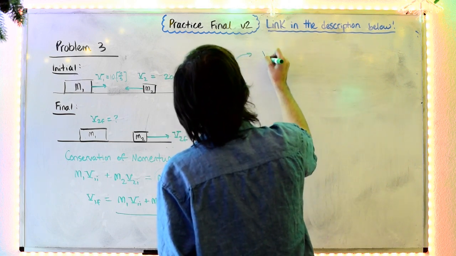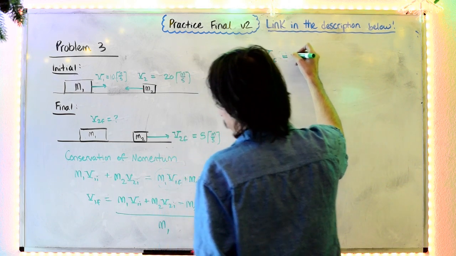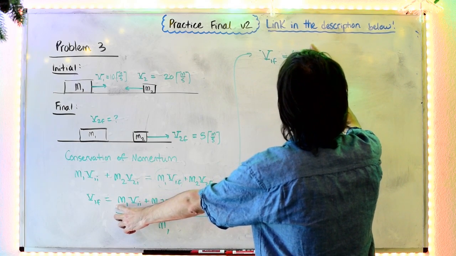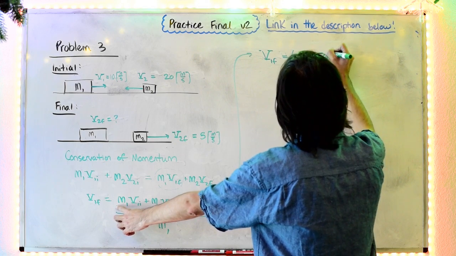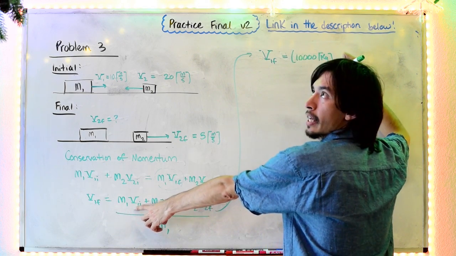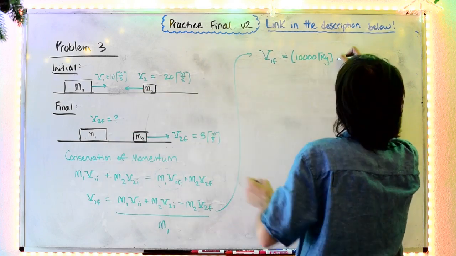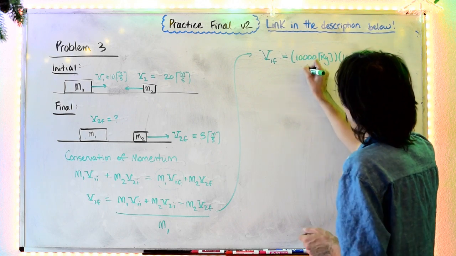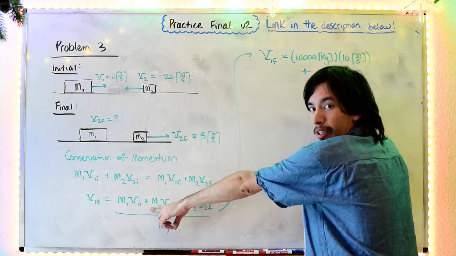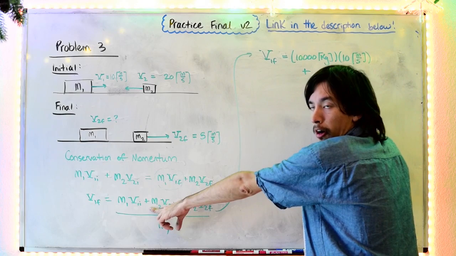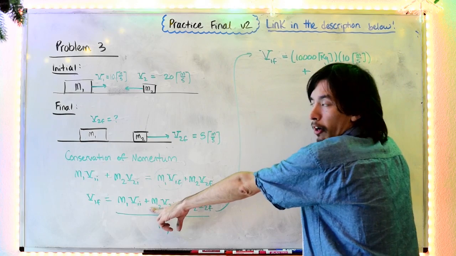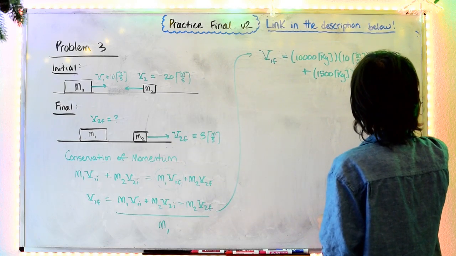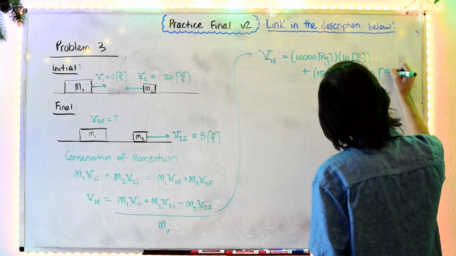We have v1 final equals first term m1 v1 initial, so m1 is the truck, which is 10,000 kilograms. v1 initial is 10 meters per second, plus m2, which is the car, 1,500 kilograms. v2 initial is, so the speed is 20 meters per second.